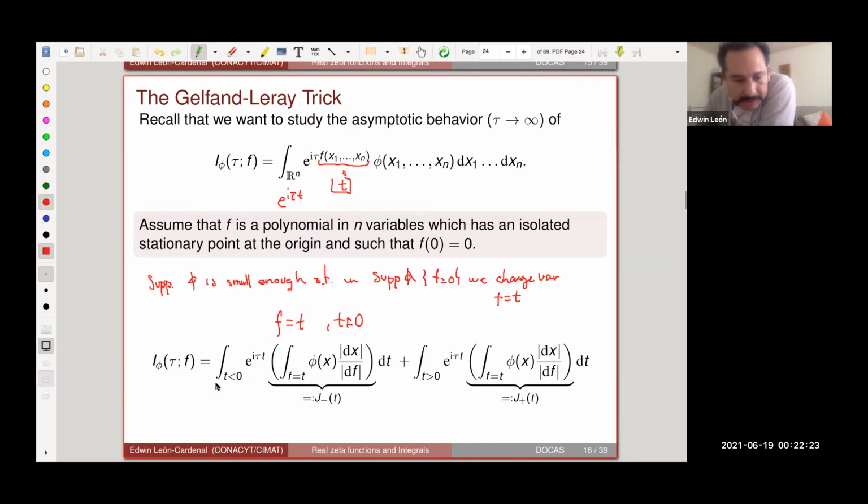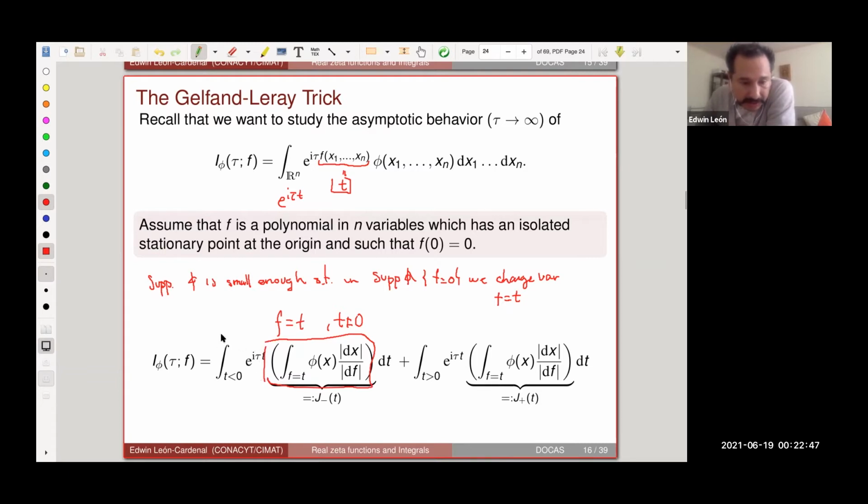And we are splitting this integral into negative t and positive t, okay? So I'm going to explain this factor that appears here better. But this trick leaves us with something in one variable, okay?